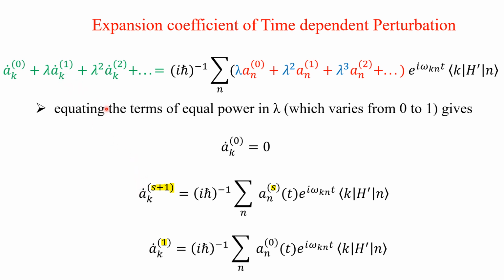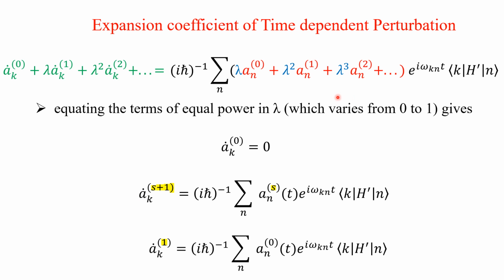So this can be generally written as ak dot s plus 1, because this is always in advance, is equal to (i h cross) inverse summation over n, an s. Now you can understand why, because this is always 1 less than the left hand side. So ak dot 1 means here you have an0, ak dot 2 means here an1.